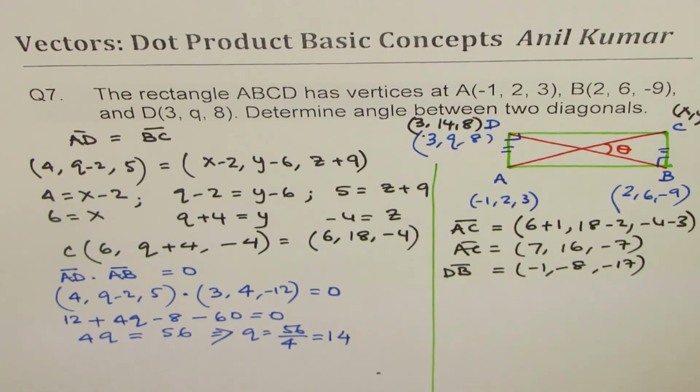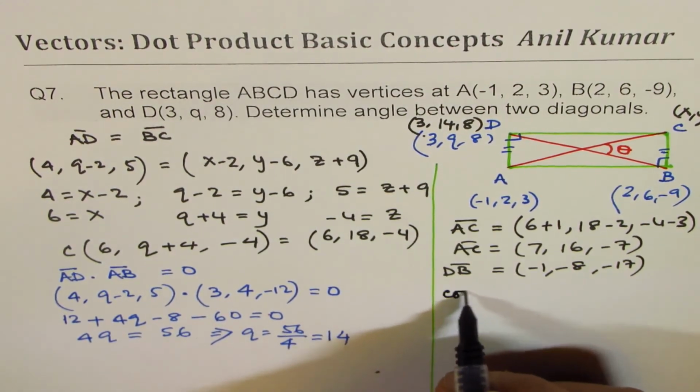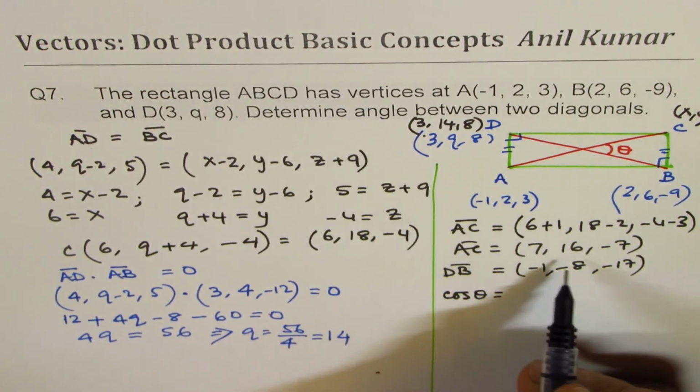So cos theta is equal to the dot product of these two.